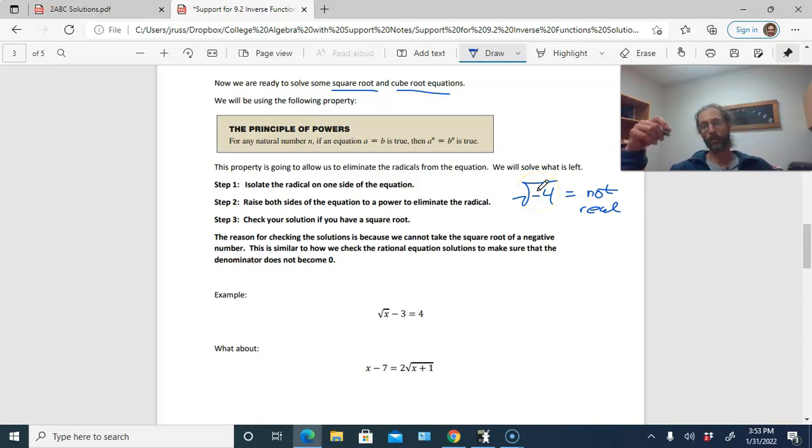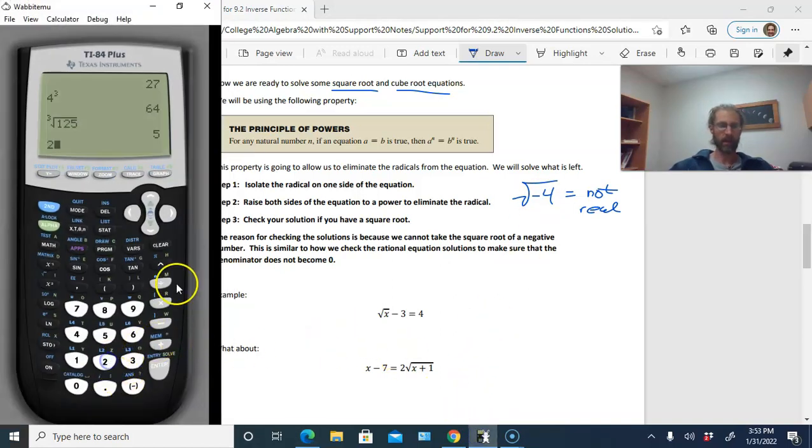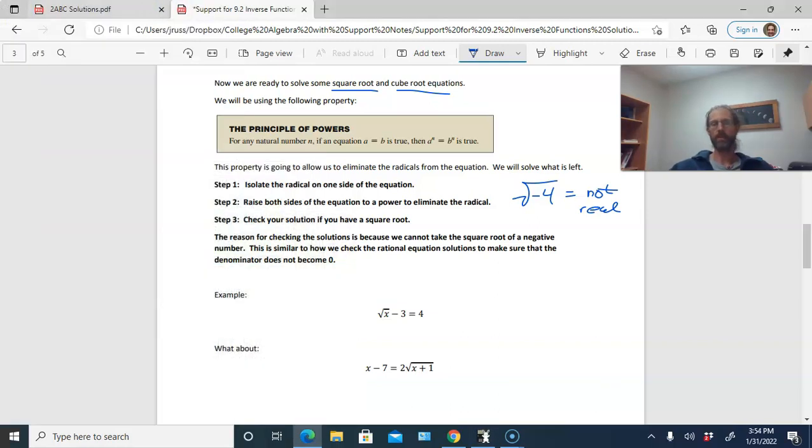Now there is a number that when you square it will give you a 4, but not a negative 4. Okay. And if you're not sure, you can check. You could try, if we square 2, we get positive 4. What happens if we square negative 2? We still get positive 4, because negative 2 times negative 2 is positive. Okay? So that's why we want to check. We don't want to have a negative number under the radical.